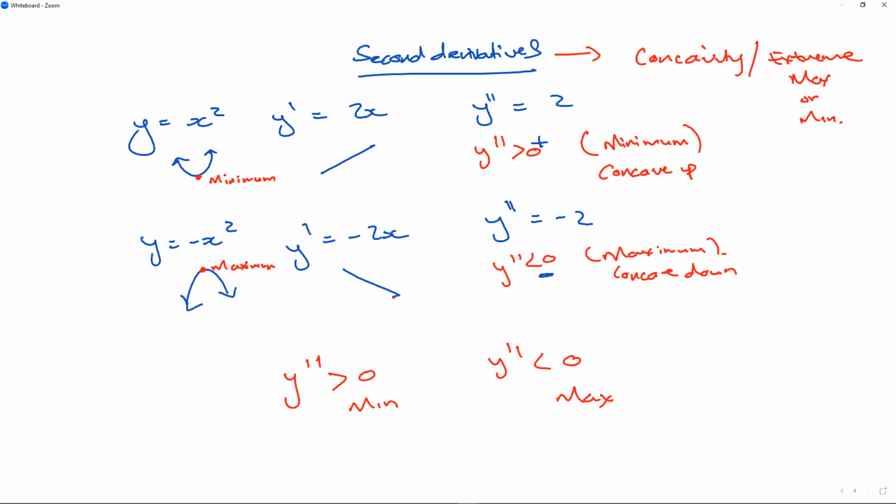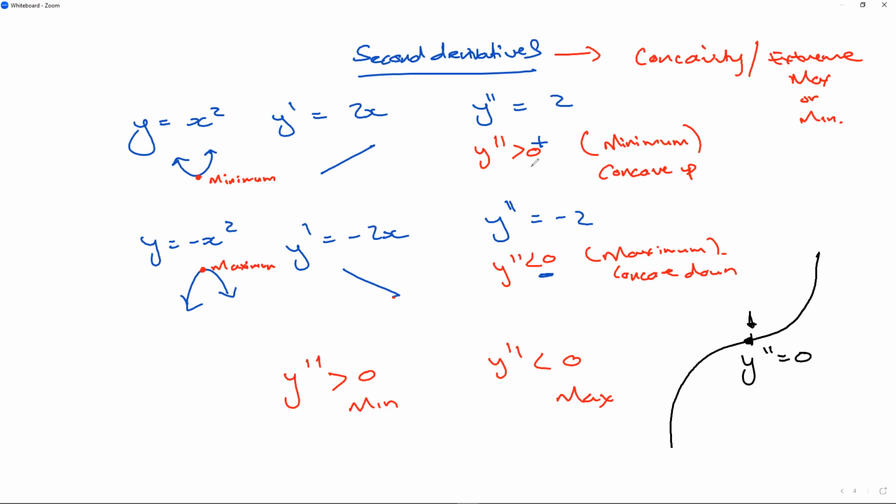At some point, a curve may lie in a juncture where it goes through something like this, in which case there is no maximum and no minimum. There's a distinct maximum over here, there's a distinct minimum over here, but at a point where there is no maximum and no minimum, we're saying that the second derivative would be equal to 0 at that point.